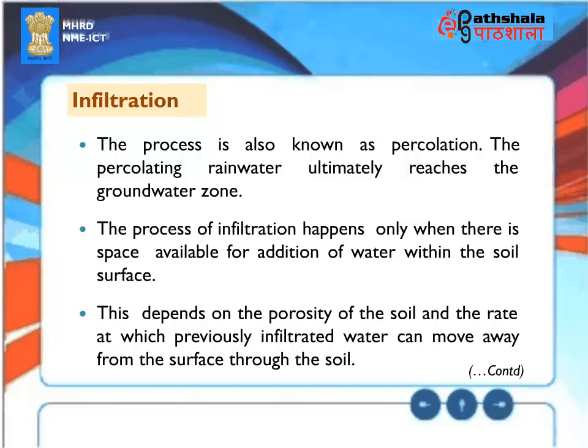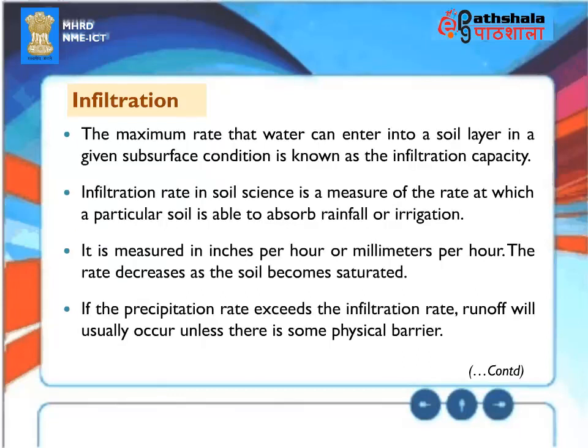The process of infiltration happens only when there is space available for addition of water within the soil surface. This depends on the porosity of the soil and the rate at which previously infiltrated water can move away from the surface through the soil. The maximum rate that water can enter into a soil layer in a given subsurface condition is known as the infiltration capacity.